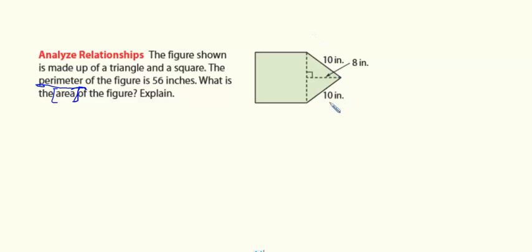Okay, so first thing I notice about my figure is that I have a square and I have a triangle. Now the thing I must know about a square is that all of the sides are equal. They have the same length.